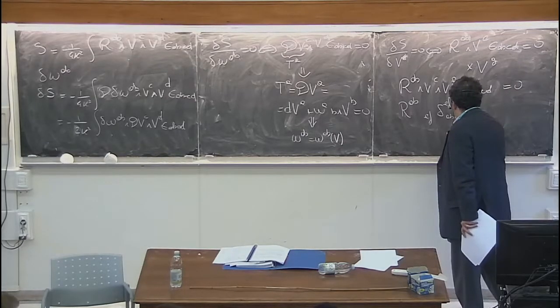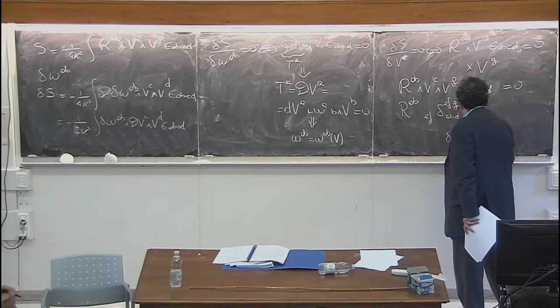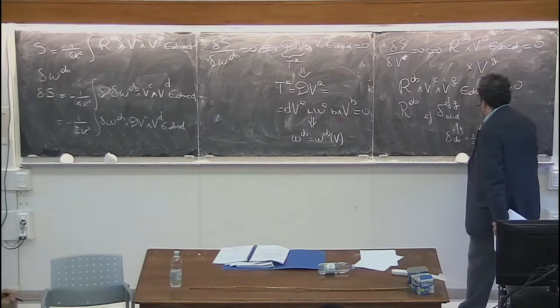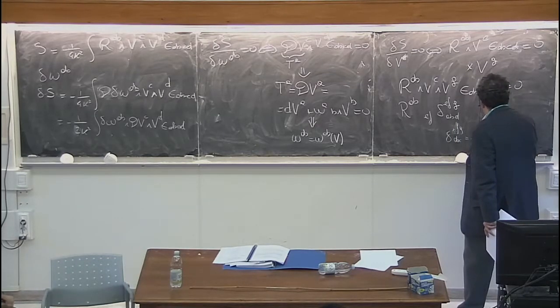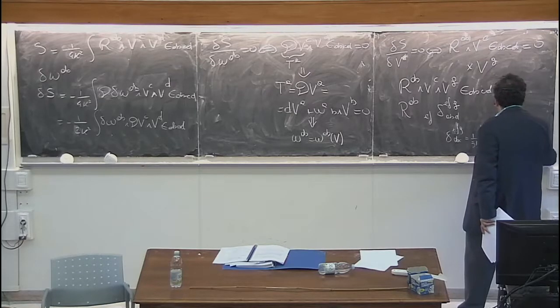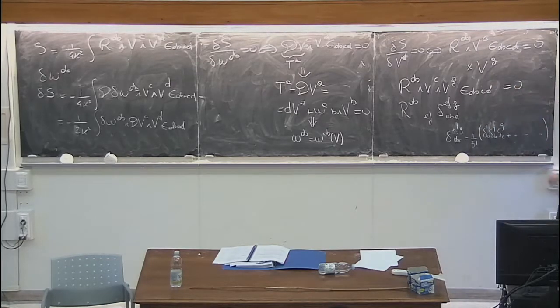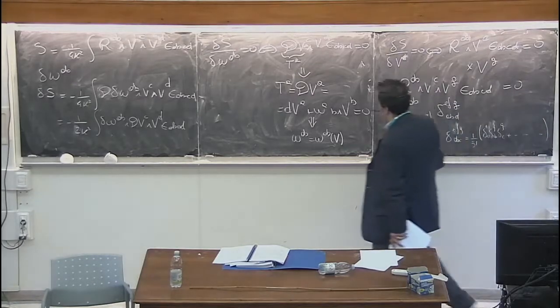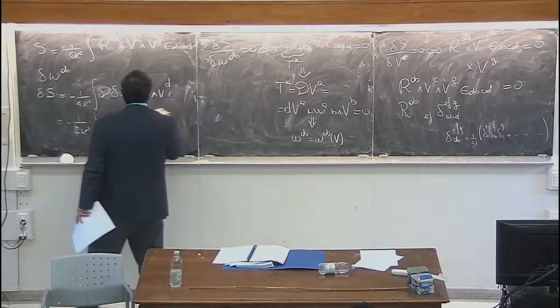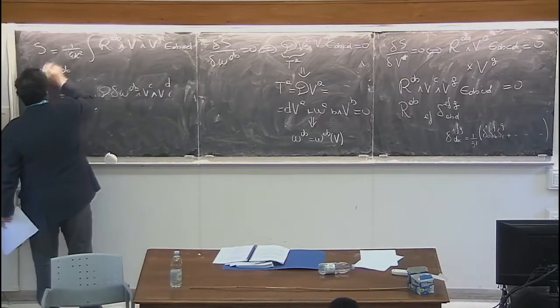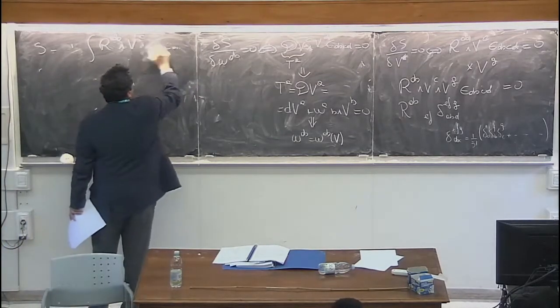Delta^EFGABC is equal to 1 over 3 factorial, delta^A_E delta^F_B delta^G_C plus permutations with the appropriate sign. And what is this contraction?